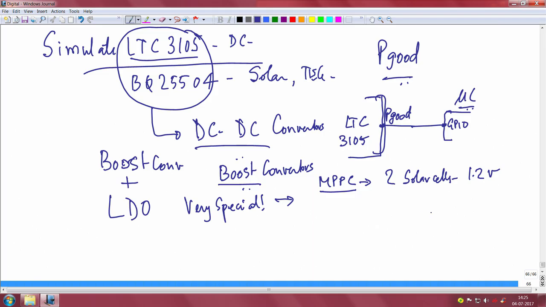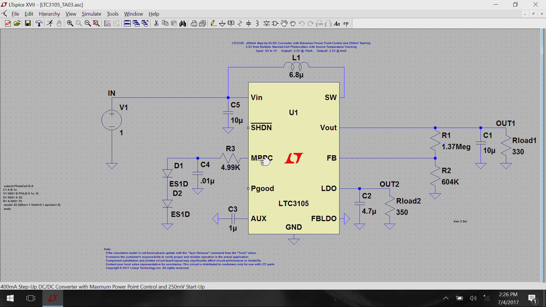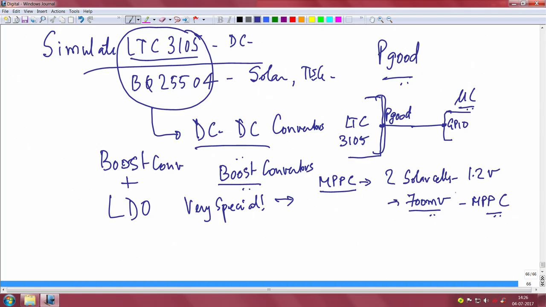You can set the MPPC point to 700 millivolts. In other words, this pin that you see here, with these resistors, will set the MPPC point to 700 millivolts. I am just giving some examples for you to understand.